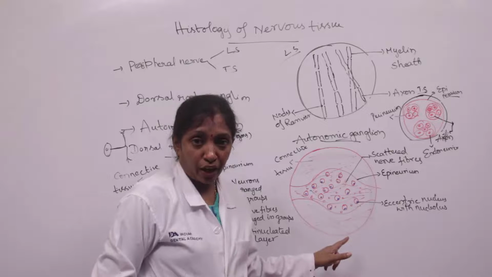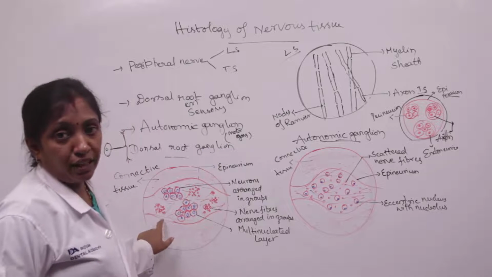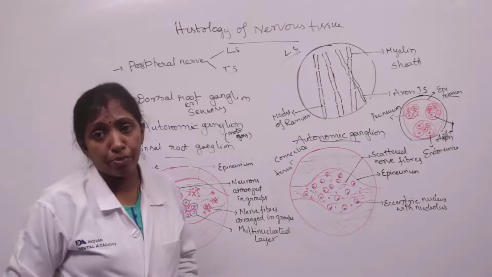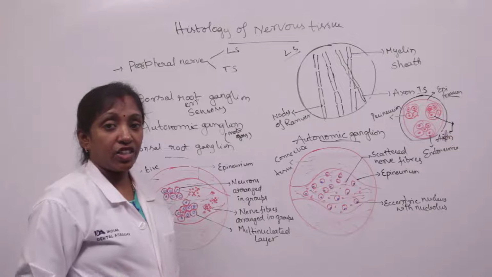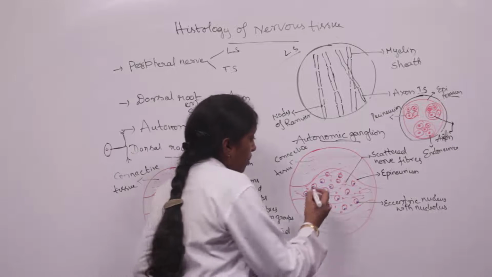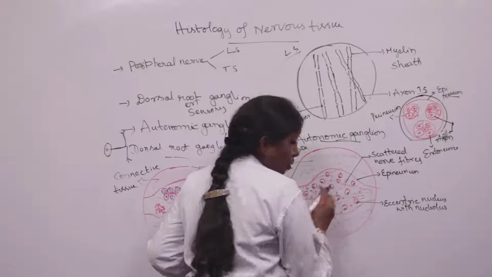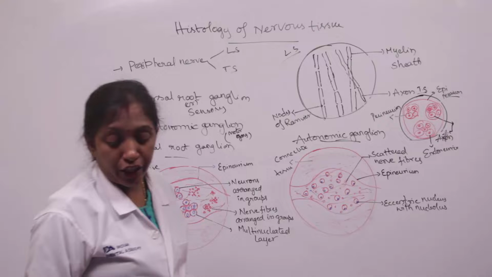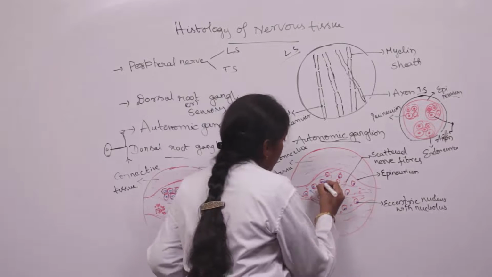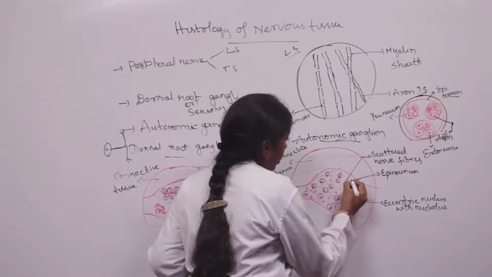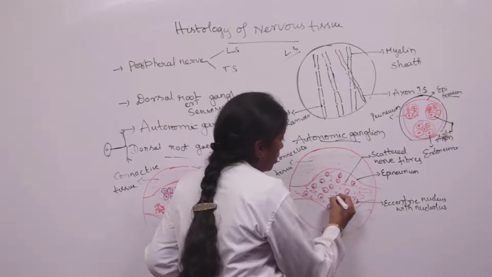In the dorsal root ganglion, the nucleus is present at the center, surrounded by a capsular layer consisting of satellite cells, and the multinucleated condition is seen. In the autonomic ganglion, the cell bodies are also surrounded by capsule, but the nuclei are very few. The multinucleated layer is not seen like in the dorsal root ganglion.